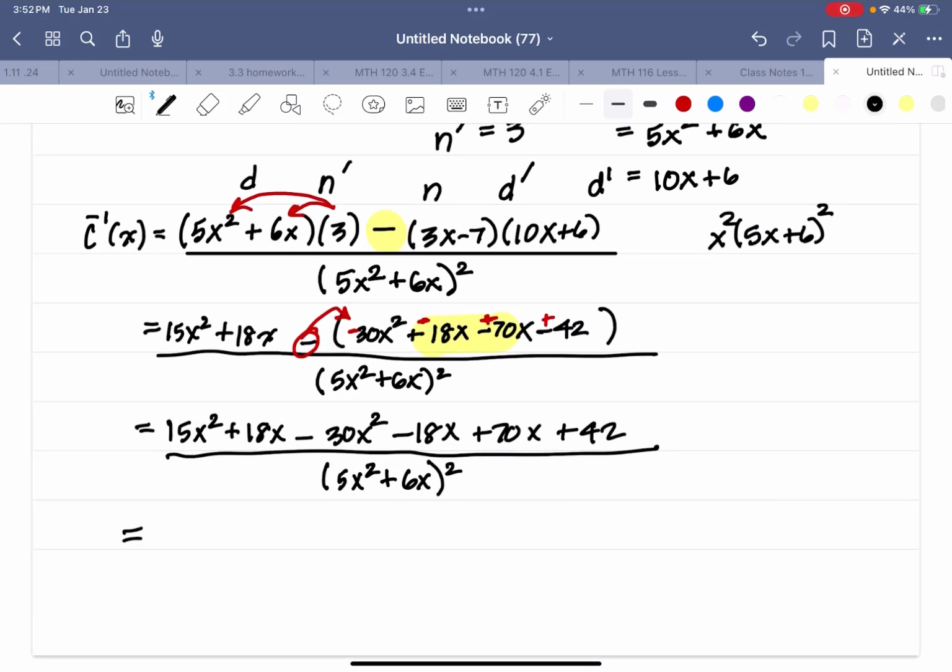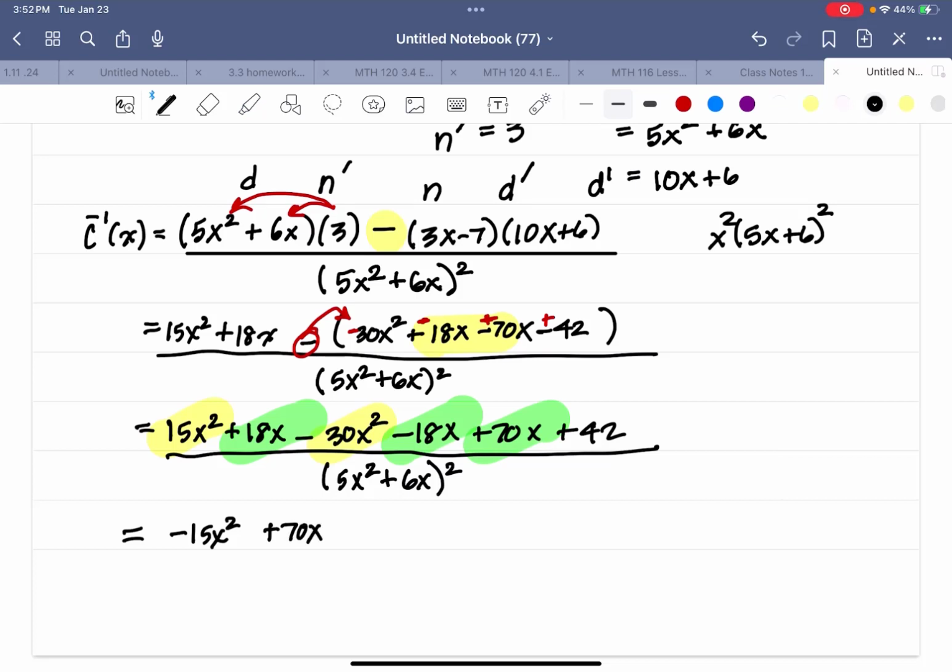So combining our like terms, I get 15x squared minus 30x squared, so that's minus 15x squared. Then I have an 18x and a minus 18x, so those add to 0. Then I have a 70x, so it's plus 70x.